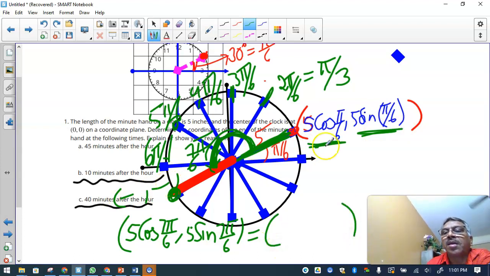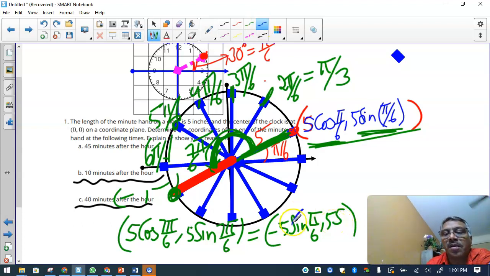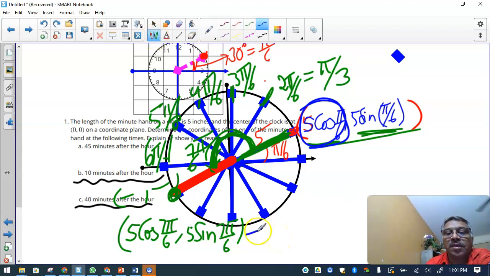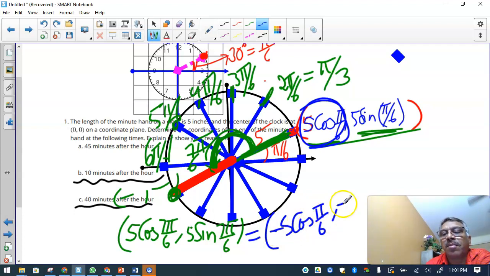You could also write exactly the same, but with 5 cosine of pi by 6, sorry, I made a mistake, it should be cosine. This is cosine, exactly the same, but minus. And the other one is minus 5 cosine pi by 6 and minus 5 sine pi by 6, and you're done. That's all you're supposed to do.